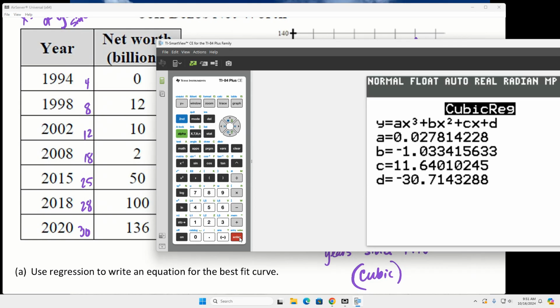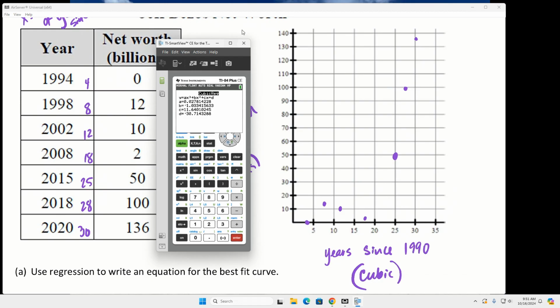So what it gives you is a generic equation for cubic, and then it tells you what to put in for A, B, and C. So let's do that.